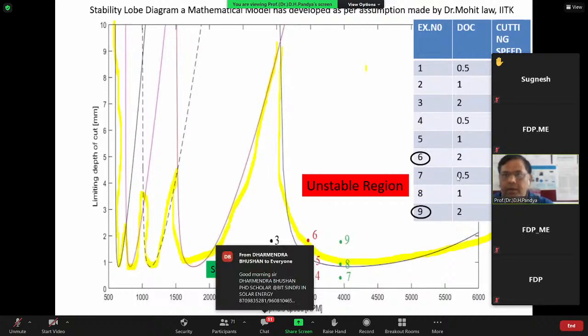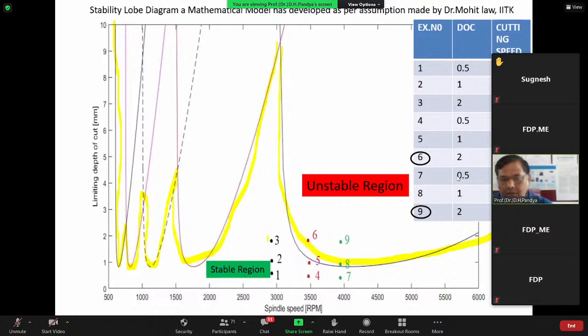Now, to increase the rate of production, one has to go to a higher speed? No. From this I have a conclusion that if one can operate the machine at these rpm, they can go with more depth of cut.